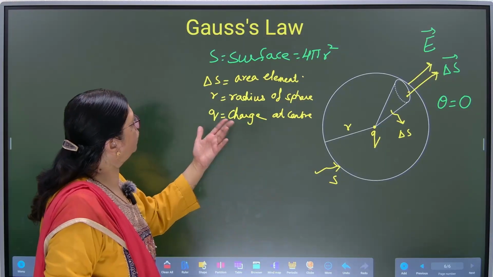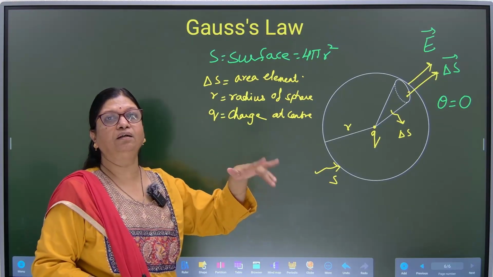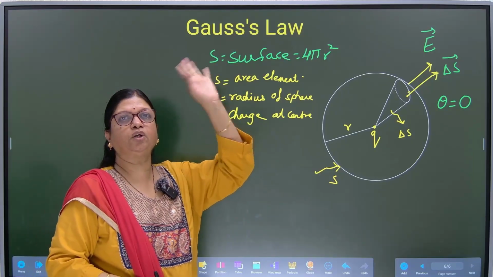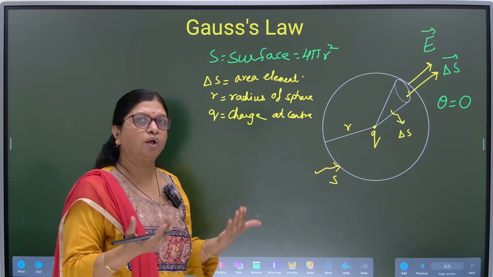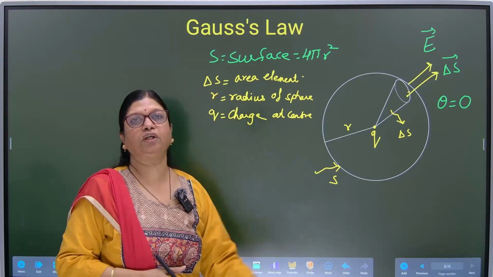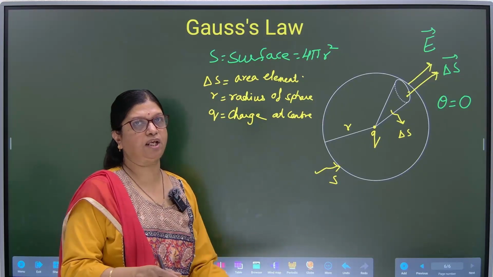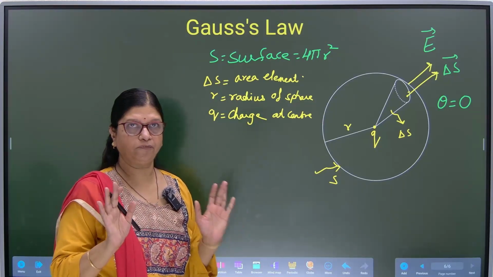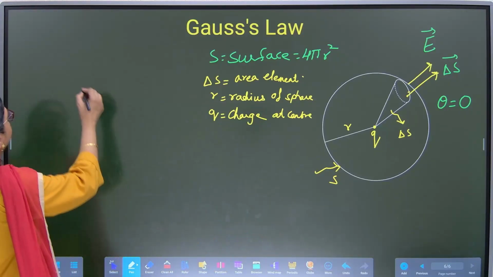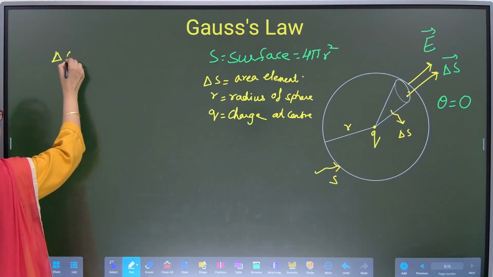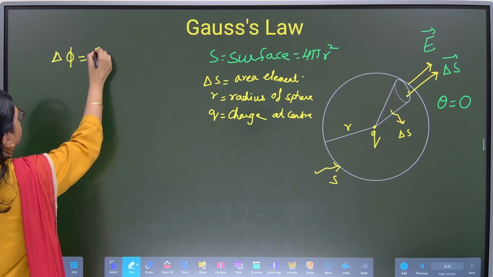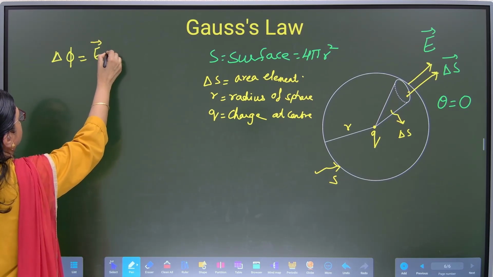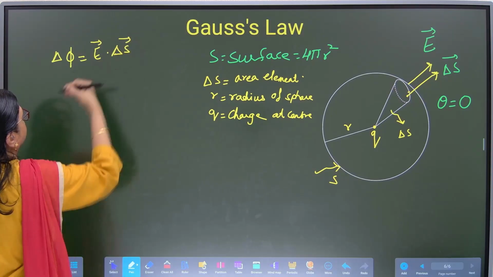Now we use the definition or the formula of electric flux for this portion of the area element, which is of the shape of a cone. So I will have delta phi is equal to E arrow dot delta S arrow.